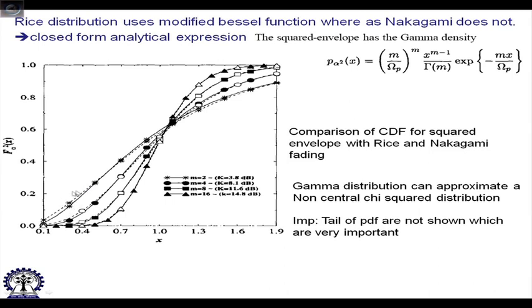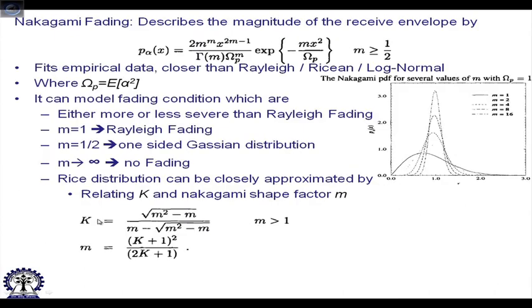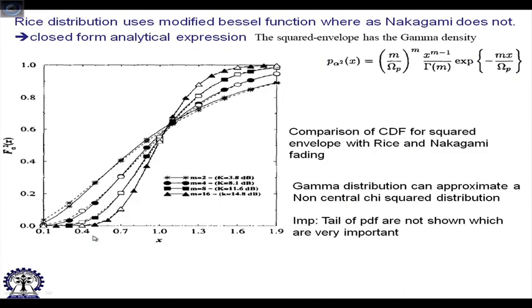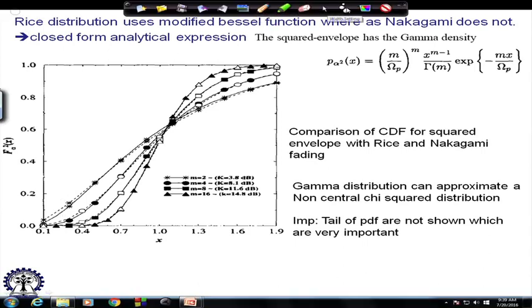So, even though we use the corresponding mapping as given here, that means even if we use m and k matched to each other, when we look at the corresponding distribution, what we find is that if we look at the actual Rician distribution and the Nakagami-m distribution, there is a gap between the two distributions, especially towards the cell edge.